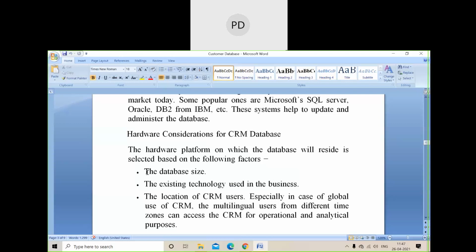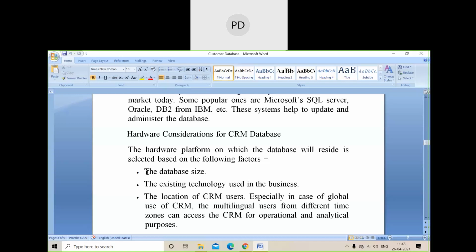Okay, so that is the reason in some organizations they only use MacBook. The previous organization where I was working, they were only using MacBook because of this purpose. Okay, so existing technology has to be used in the business to avoid some kind of problems.